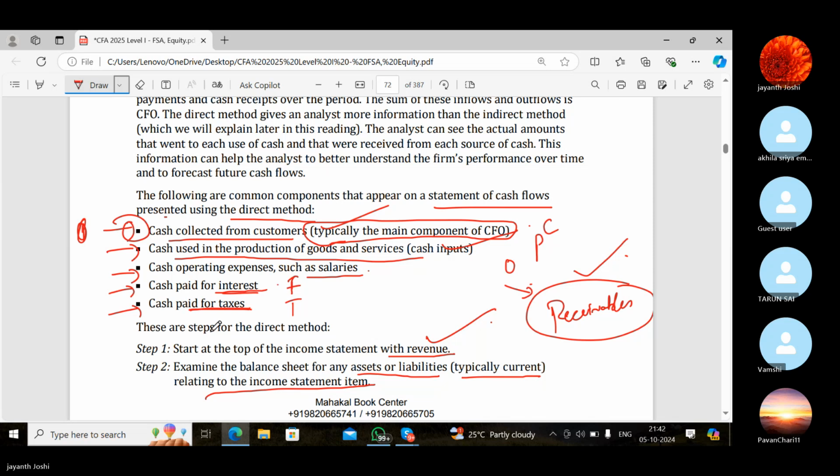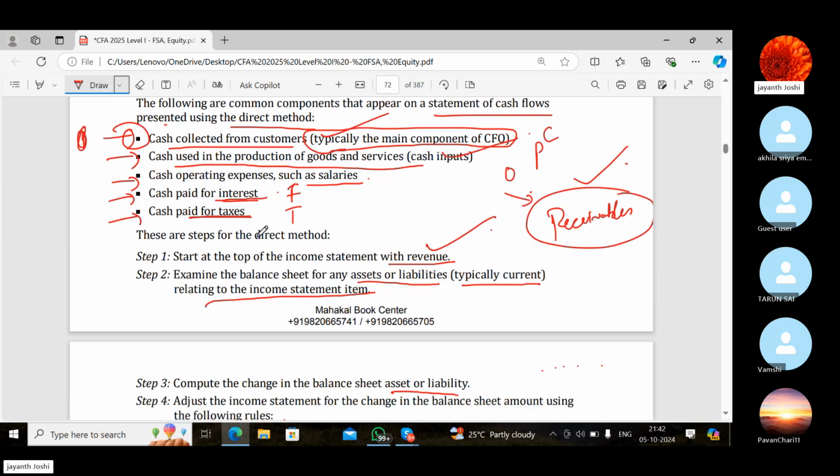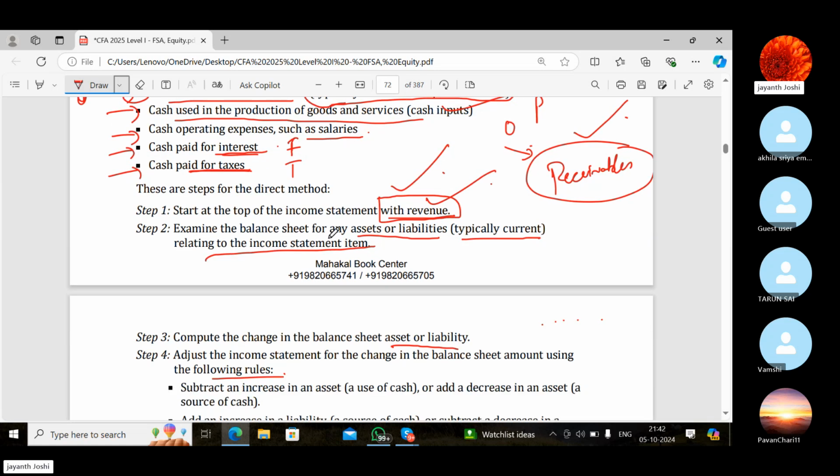So the next step is you need to start with the top of the income statement. Only one figure comes at the top, that is revenue. Then you need to take the assets and liabilities from the balance sheet, typically current assets and current liabilities, which are connected with the income statement.